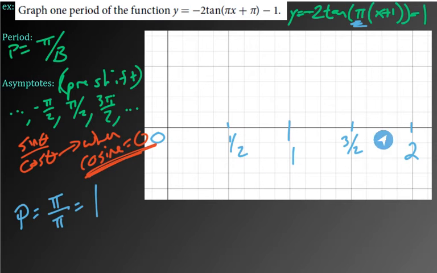So I'm actually going to graph 2 periods just to show you what it would look like if we keep going. And then the midline is normally the x-axis, but because there's a -1, it means we're going to shift down, and I'm just going to say this is -1. I realize the scale is different, but that's okay. So that's going to be my midline for this graph.